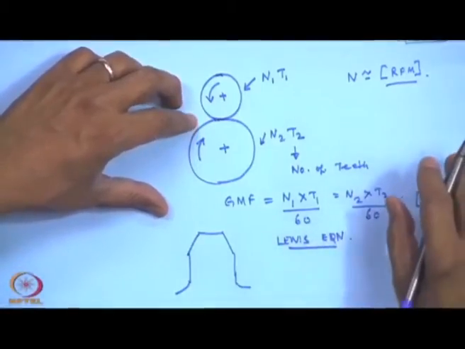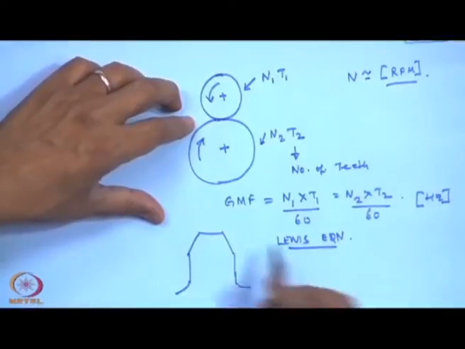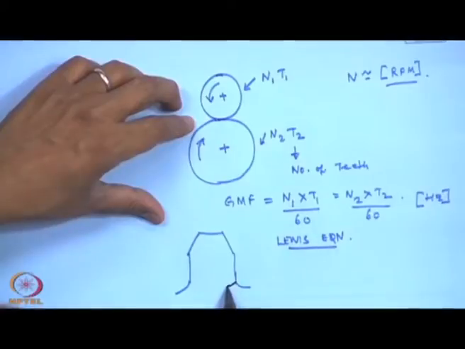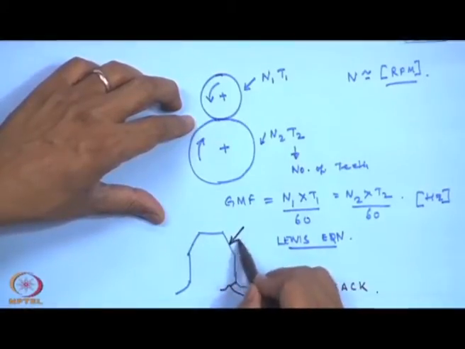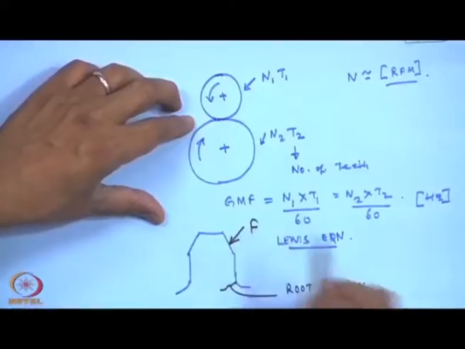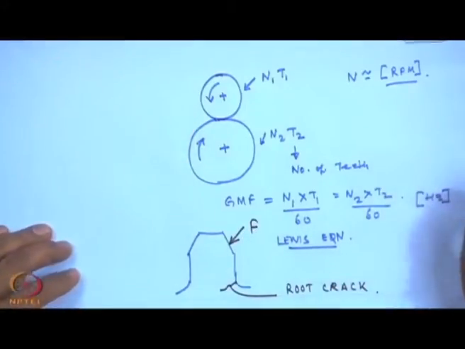Those of you who do gear design know that, because this is like a cantilever, there will be failures, and these are usually the root crack, because excessive loads came onto the gearboxes.